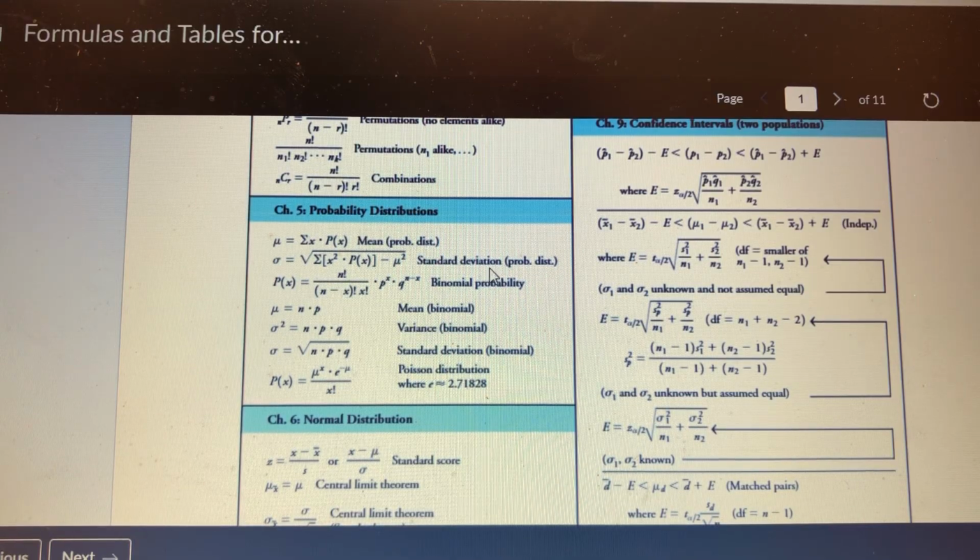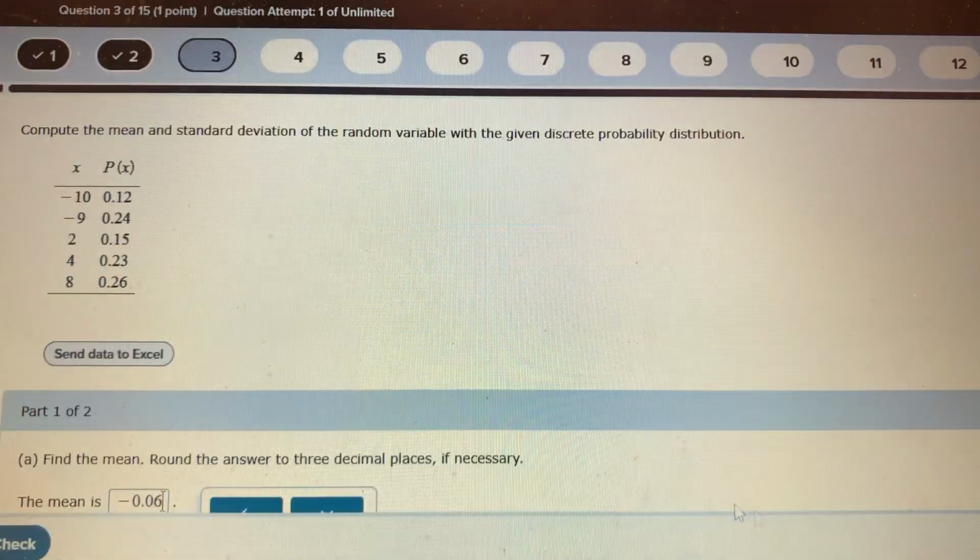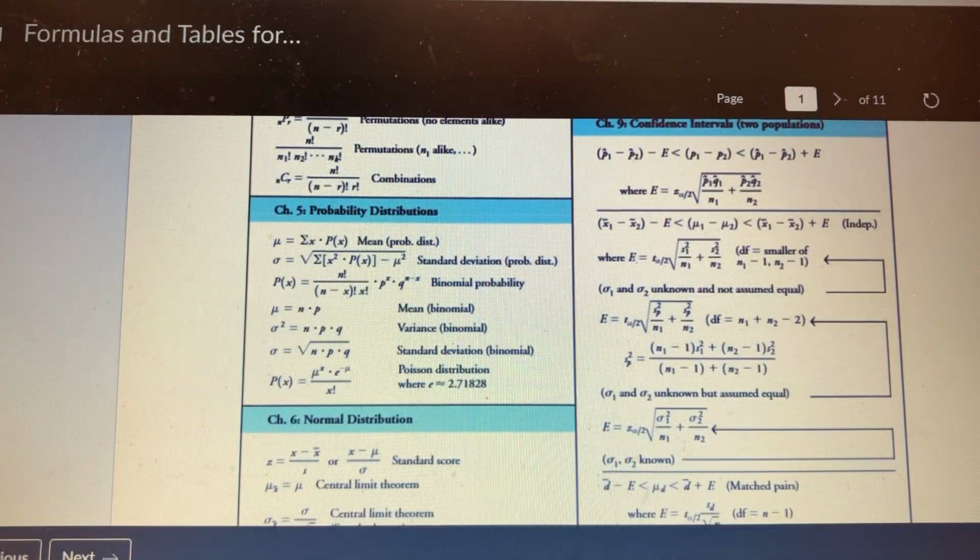And then the standard deviation of a probability distribution is this formula right here. So I have to do x squared times probability, sum them all up, and then minus the mean squared and take the square root. This is the manual way to do it. So the formula says, where's my whiteboard? Here it is.